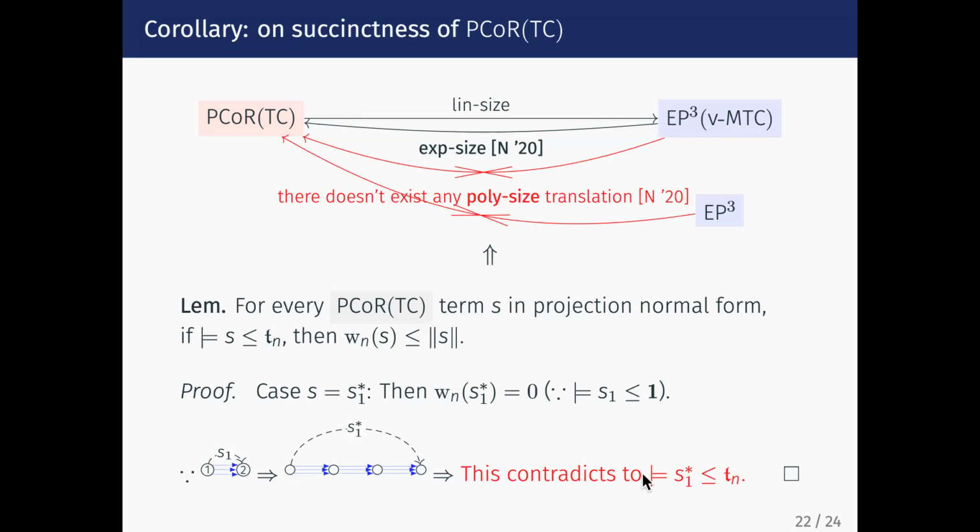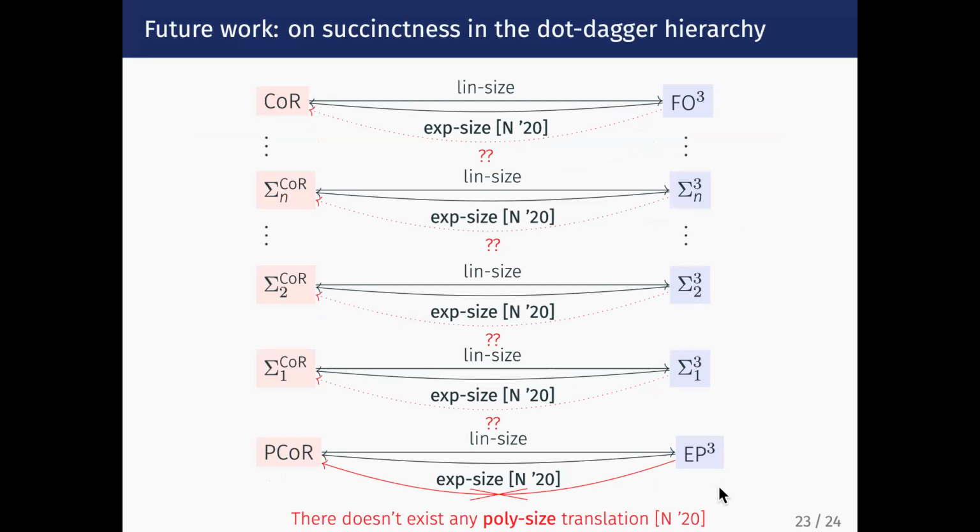If not, we can easily show the contradiction. So we have shown the succinctness gap for positive cases, but it remains open for general cases. It is because our proof in this paper is based on model construction relying on positivity. So this case is open.